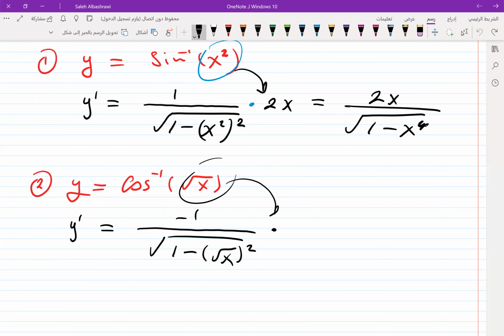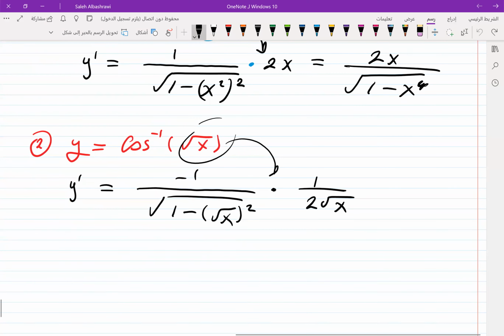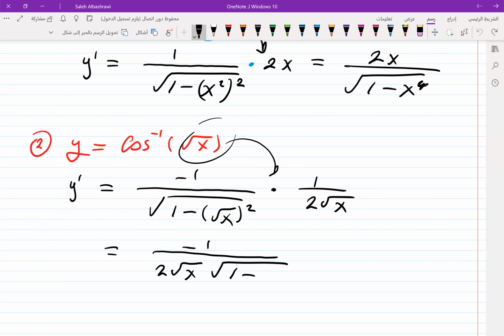This is by the chain rule, which is 1 over 2 square root of x. So this is the derivative, or just simply can be written as minus 1 divided by 2 square root of x multiplied by square root of 1 minus x.